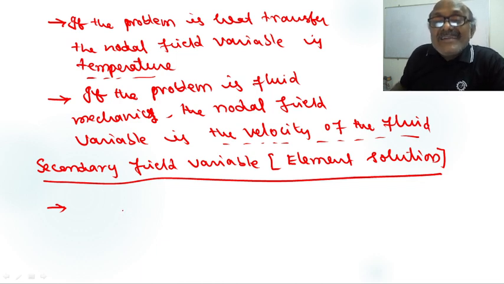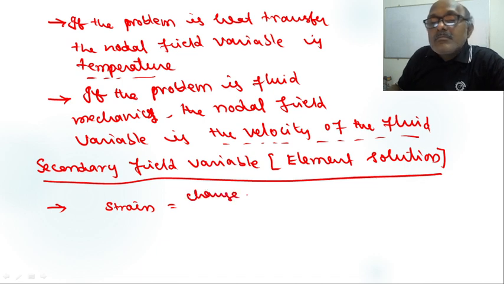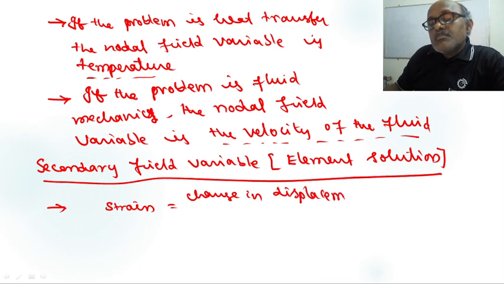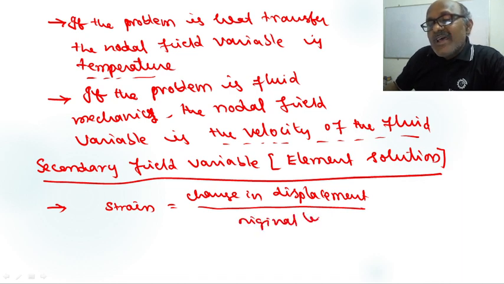By using that displacement, we are able to estimate strain. Strain is equal to change in length divided by original length. So here it is the change in displacement divided by original length of the member. That is change in displacement divided by original length of the bar element.